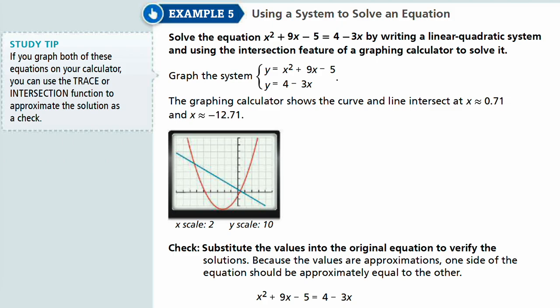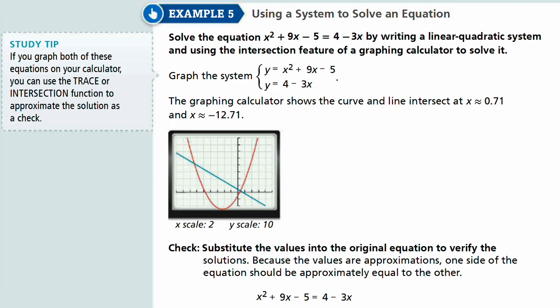So the system you can see is the two different expressions, right? So you're gonna make each of them into equations and graph y equals x squared plus 9x minus 5 and y equals 4 minus 3x.